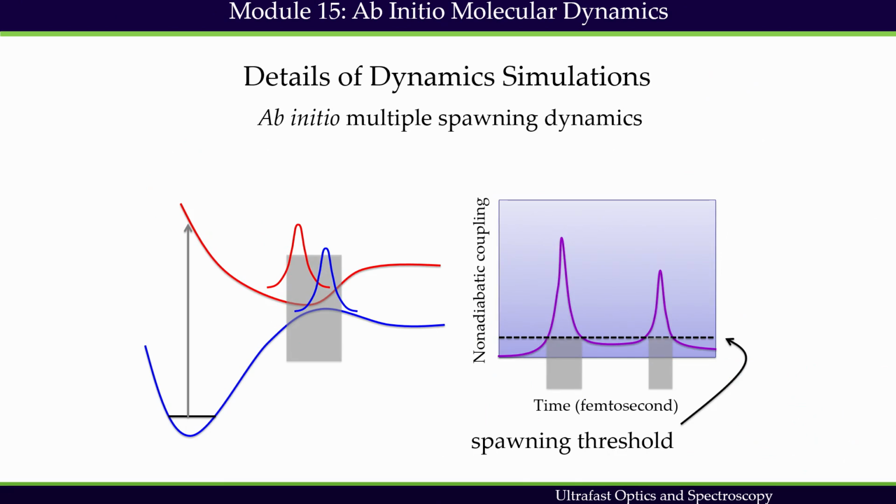Let us say during these calculations I started the propagation from the FC point, which is the Franck-Condon point, where the vertical excitation is going on. Then it is propagating. During the propagation, each time I calculate the non-adiabatic coupling term, and I plot how it changes. If it goes beyond a predetermined threshold value, let us say lambda naught, this is the lambda naught threshold value, and this is lambda I am plotting.